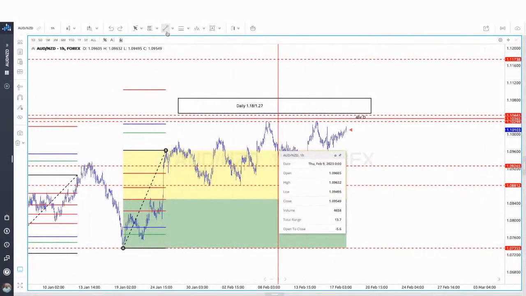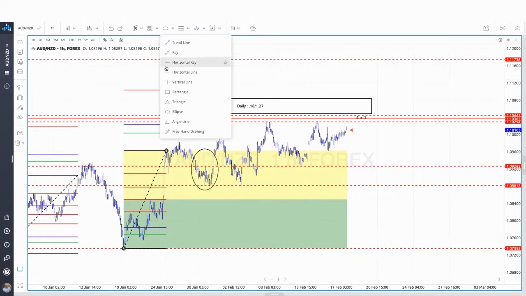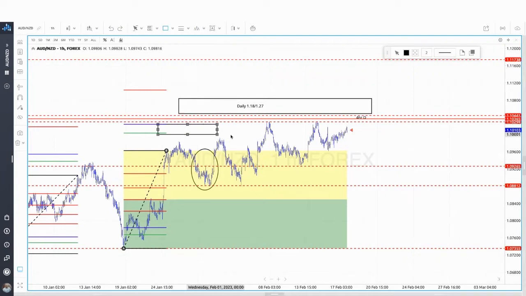Exactly, 80-20 scenario, right? We have a shallow retracement, did not get to that 38.2%, right? And price is hovering in this 118, 127 zone, right? Hovering in that 118, 127 zone.